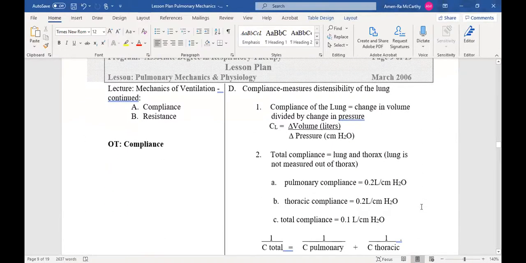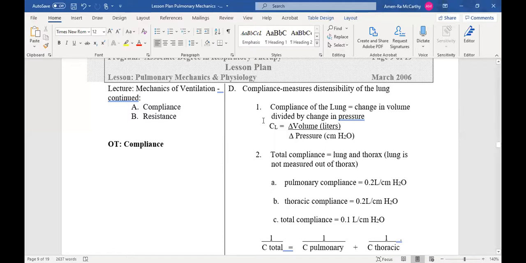Compliance. Here goes compliance. Now you just learned the law, so have out your formula sheet, because now you're about to learn a couple of formulas. What is compliance? Compliance of the lung is a change in volume divided by the change in pressure.